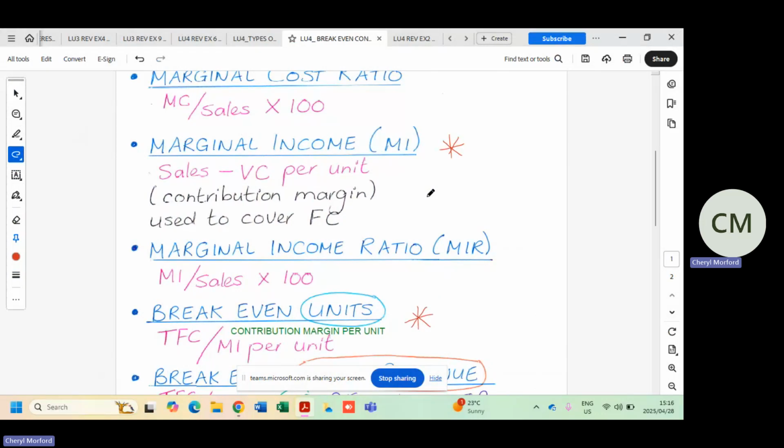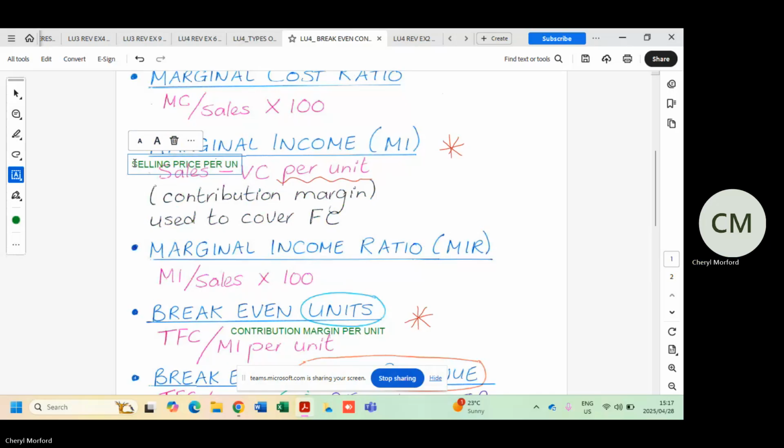If you have total variable cost for all production, you would obviously divide by the units, because here we want to have the variable cost per unit. And then we need to subtract that from the sales. Sales is basically just your selling price per unit.